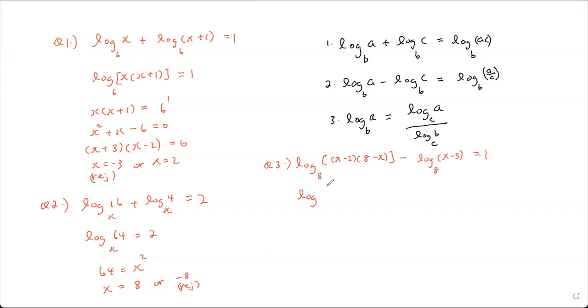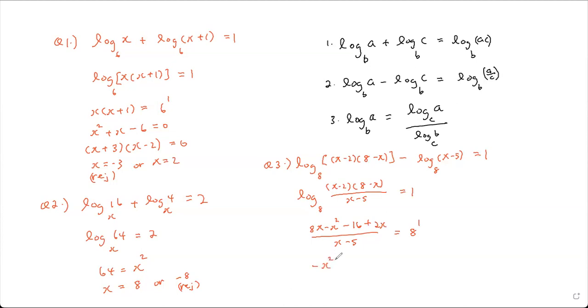So this is equivalent to x minus 2 times 8 minus x divided by x minus 5, base 8, equals 1. Let's expand this out. So x minus 2 times 8 minus x is 8x minus x squared minus 16 plus 2x, over x minus 5, equals 8 to the power of 1. So we can multiply both sides by x minus 5. Let me simplify the top as well, so I can save some steps.